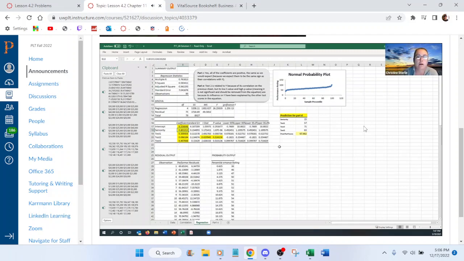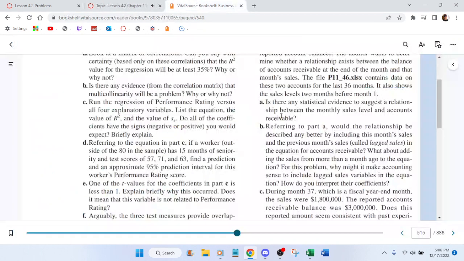Okay. Well, that's pretty easy. She didn't even list the other stuff like the equation, value of r squared. Do the coefficients have the signs you would expect?